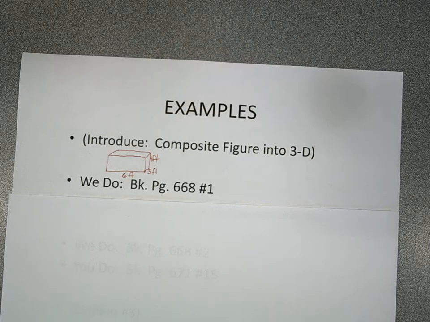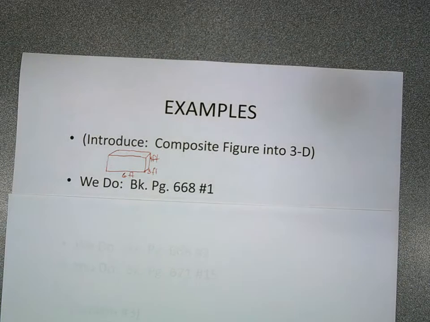Let me ask you this: on dice, what are the options that you can roll? 1, 2, 3, 4, 5, 6. Why do you think there's only 6? Why isn't there 7? There's only 6 sides. The reason I'm going over this is because dice are a famous rectangular prism called a cube, because all the sides are squares.